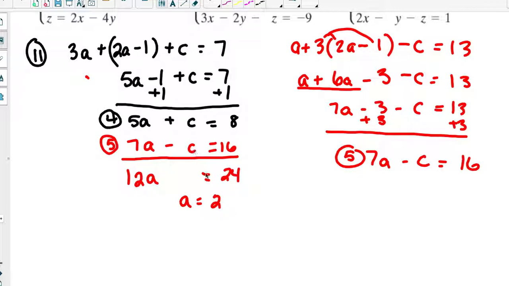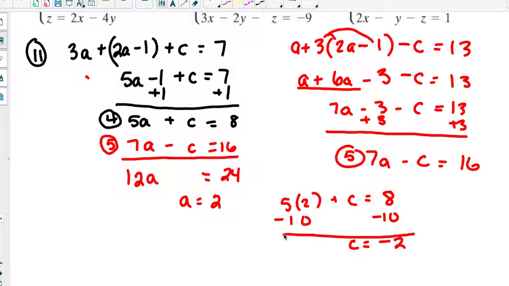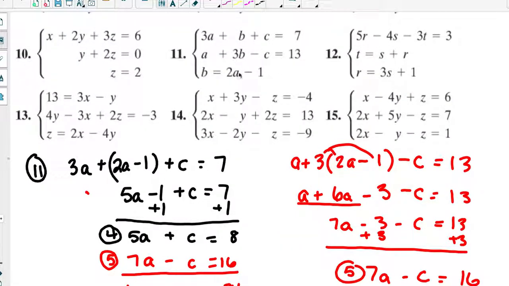Now we want to plug this into one of the 2 equations. I'm going to put it into number 4. So you have 5 times 2 plus c equals 8. So let's subtract 10 from both sides, and you have c is negative 2. And now we want to put that value for a into the equation that we had up here for b.